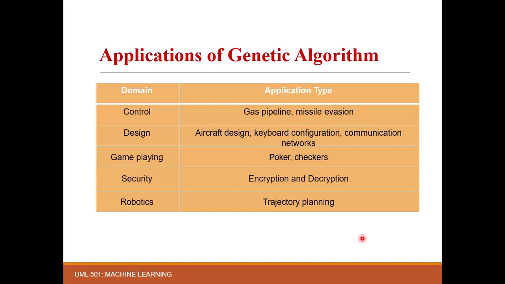So I have to decide which one will be optimal according to some fitness values. Also design, such as aircraft design, keyboard design, and communication networks. I can choose genetic algorithms, and moreover, in robotics, trajectory planning.